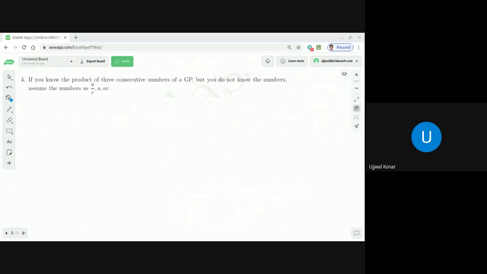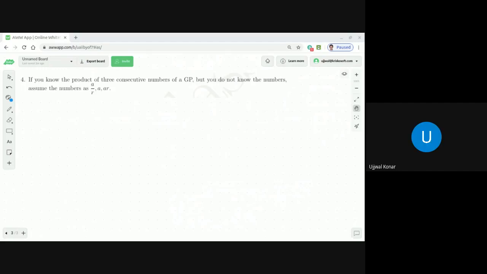Okay, great. Now, you answer me: if there are four consecutive numbers, if you know the product of four consecutive numbers of a GP, but you do not know the numbers, what will be the numbers? Would it be A by 3R, A by R, AR, and A into 3R?